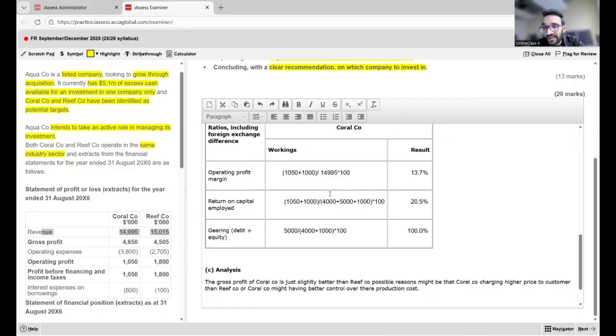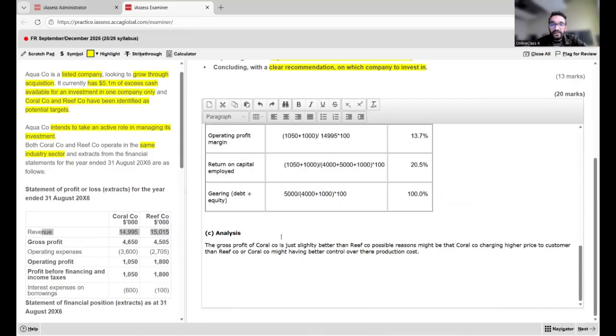You can write down your analysis. See, what was their initial calculations? It is the operating profit margin.